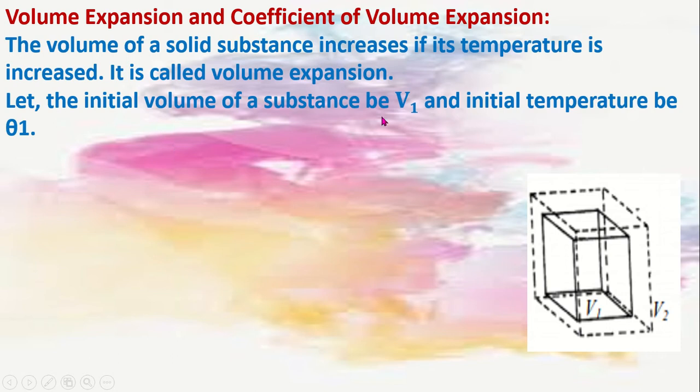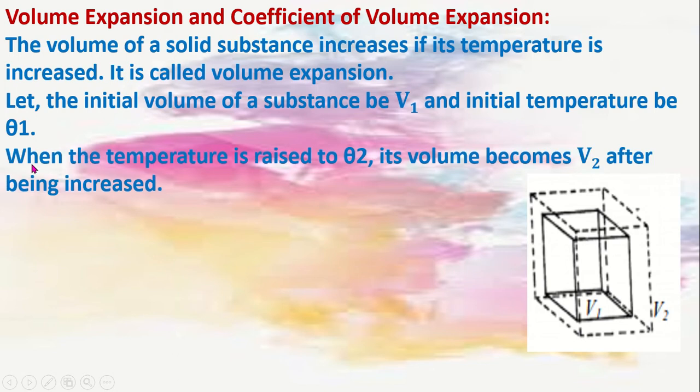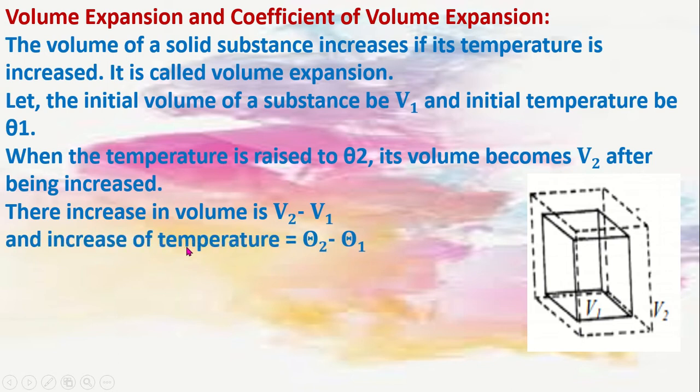Let the initial volume of a substance be V1 and the initial temperature be theta 1, and when the temperature is raised to theta 2, its volume becomes V2 after being increased. So the increase in volume is equal to V2 minus V1, and the increase in temperature is equal to theta 2 minus theta 1.